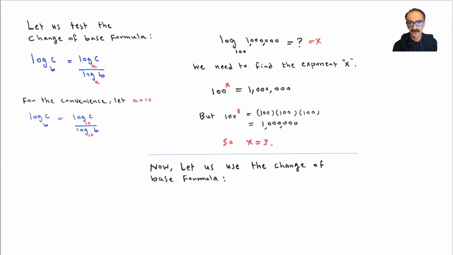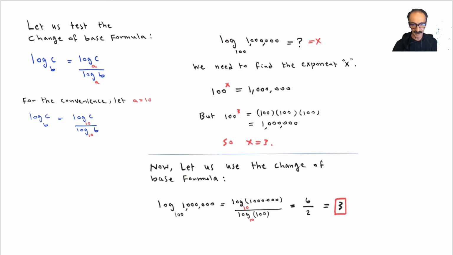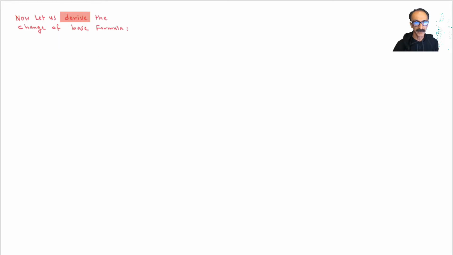Now let us use the change of base formula. Log a million base 100 is log a million base 10 over log 100 base 10. But that says 6 because 10 to the power 6 is a million, and that says 2 because 10 to the power 2 is 100. Simplify 6 over 2, you get also 3, and that should explain how the change of base formula works.